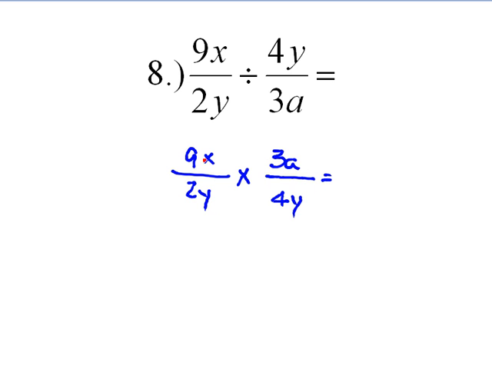So that gives us 9 times 3 is 27. I'm just going to put the a in front of the x, but it doesn't really matter the order. And then we have 2 times 4 gives us 8, and we have 2y, so that gives us 8y squared.